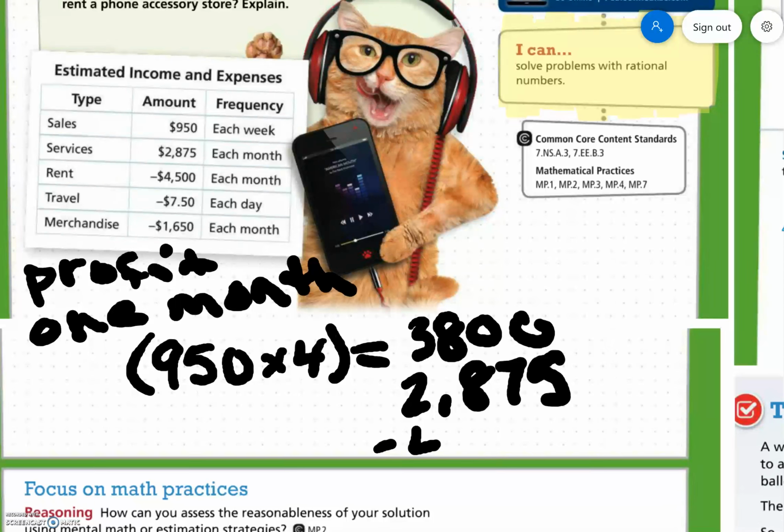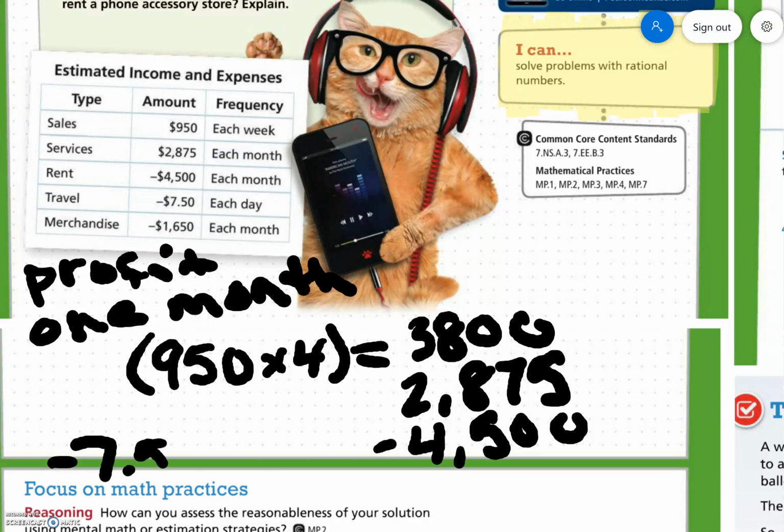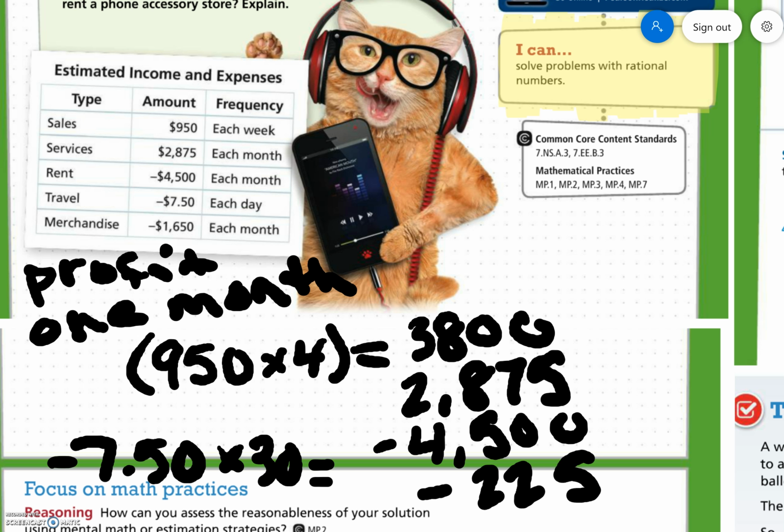Rent is per month, so I don't have to multiply by anything either. Travel is negative $7.50 each day. We're going to say there's 30 days in a month. So negative $7.50 times 30 is going to give me negative $225.